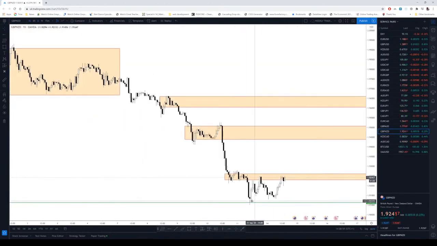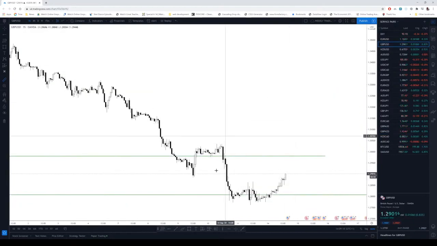From here to there, that gave us about 130 pips. So that's what we got on Friday as a quick in and out trade.